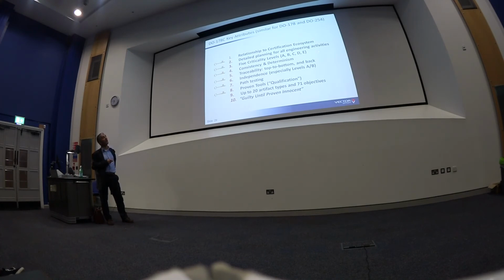Detailed plan for all the activities, 5 criticality levels, and we will discuss this in a few minutes. Especially consistency and determinism. It's much better to use an old and proven approach, an old processor, an old algorithm that is proven, than a new approach, something that is not really tested.